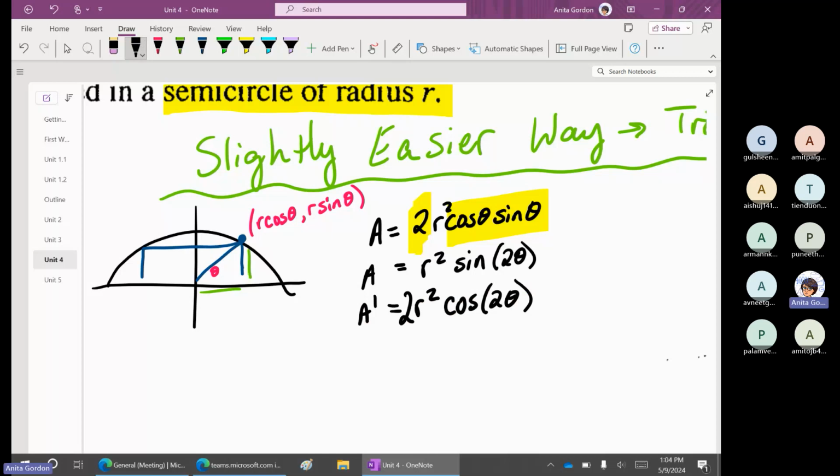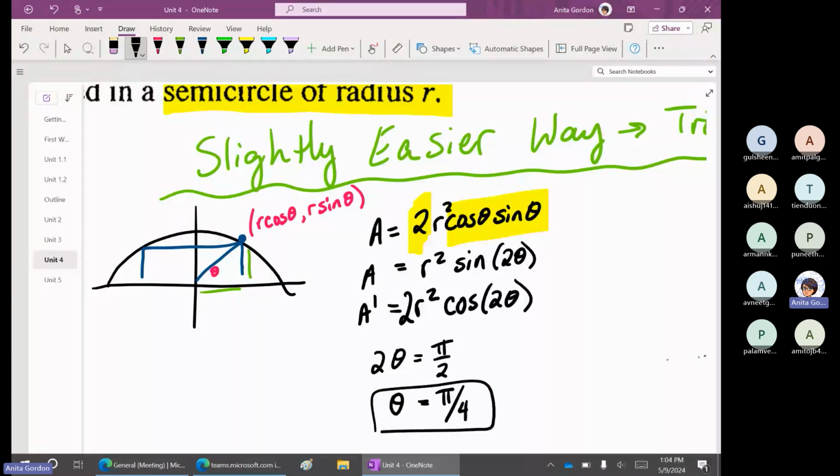And then where is cosine 0? Where is sine or cosine 0? 90 degrees. So this is pi by 2, which means theta is pi by 4.